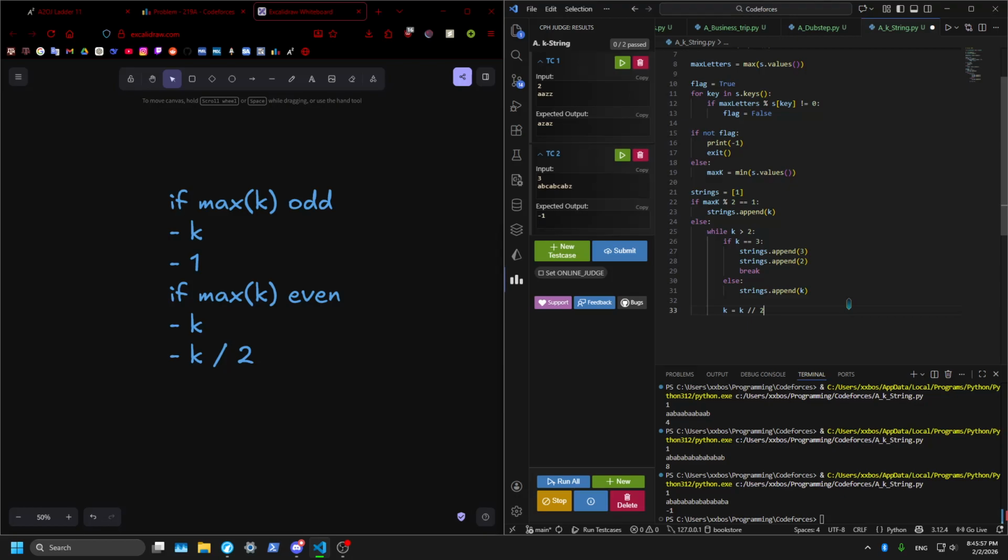So if it's prime, else it's all its, what's it called? GCD, greatest common divisor. No, it's lowest common multiple. Least common multiple.